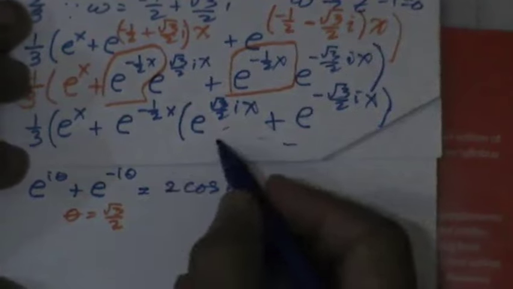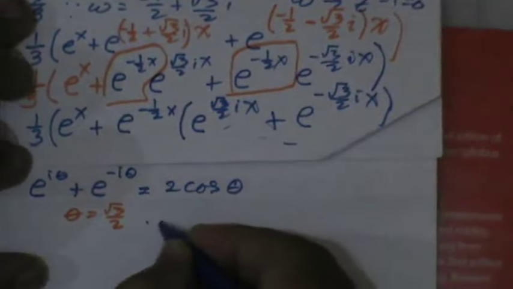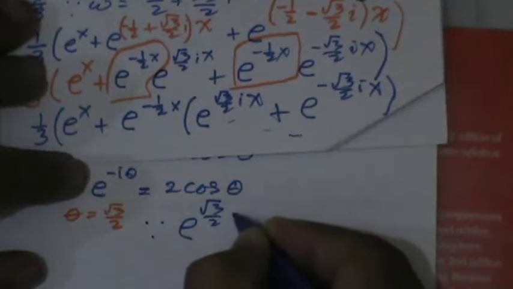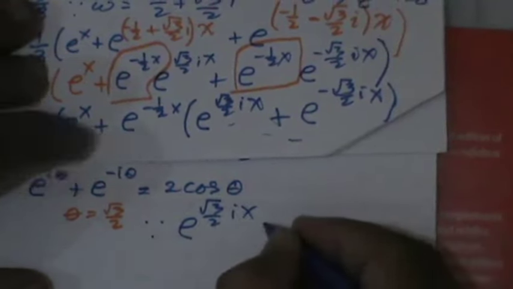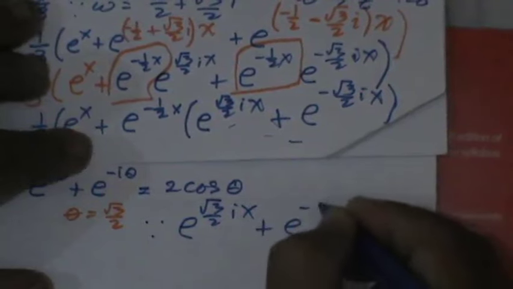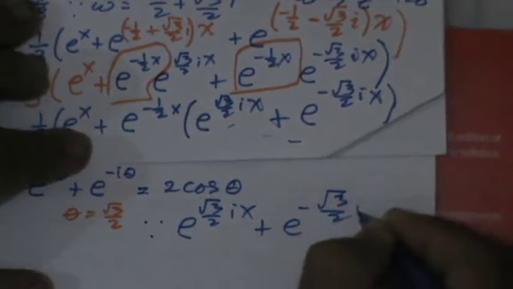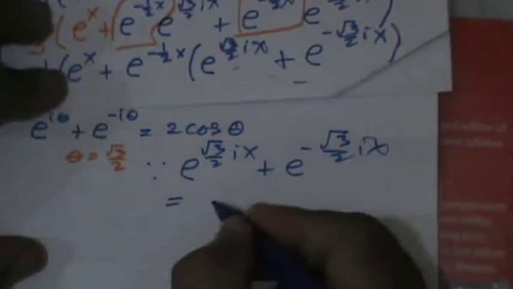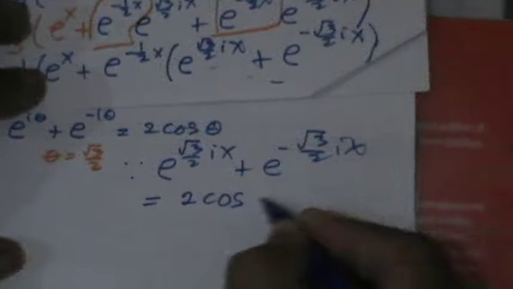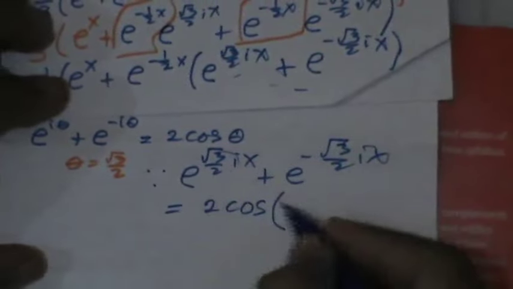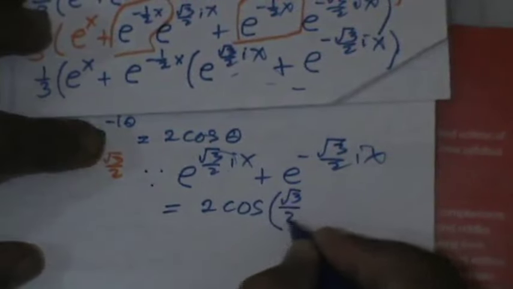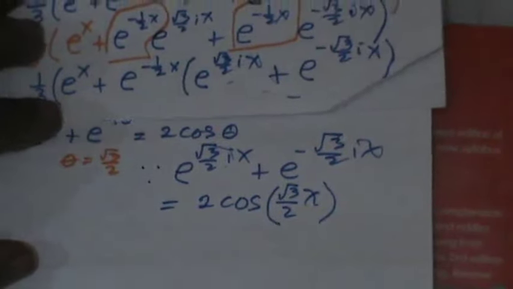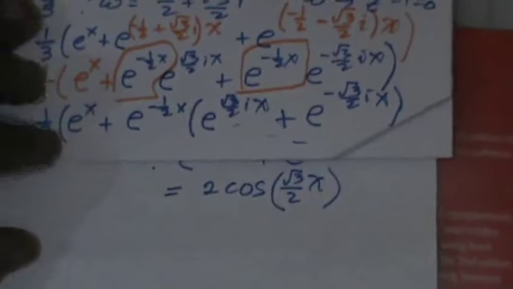We can say that e raised to the square root of 3 over 2 i x plus e to the negative square root of 3 over 2 i x is actually equal to 2 cosine of the angle. And what's the angle? The square root of 3 over 2 x. Therefore, there you go.